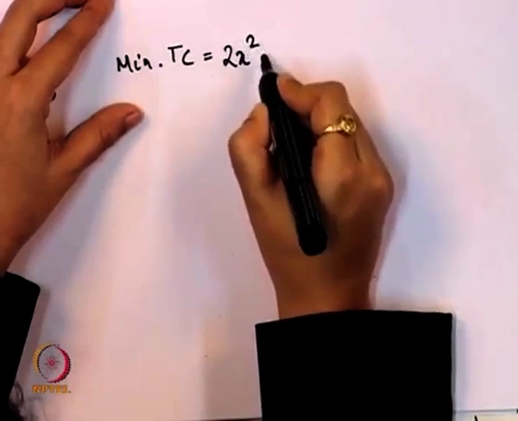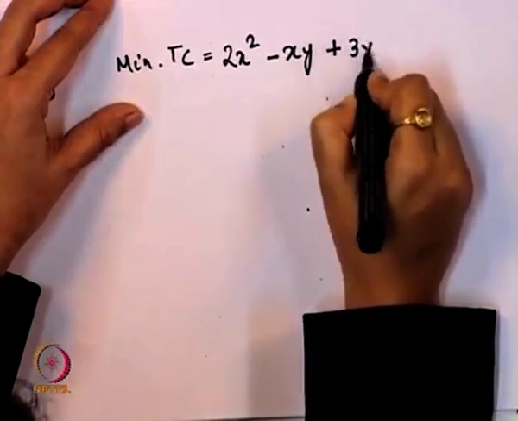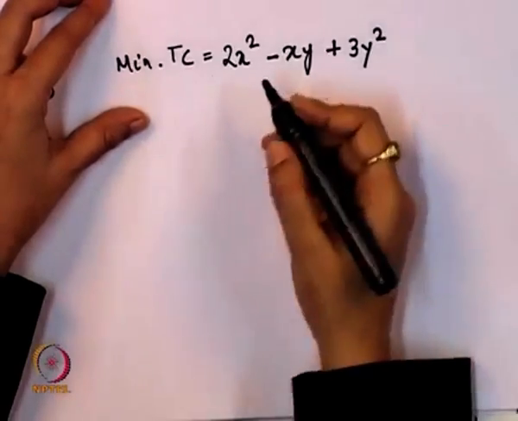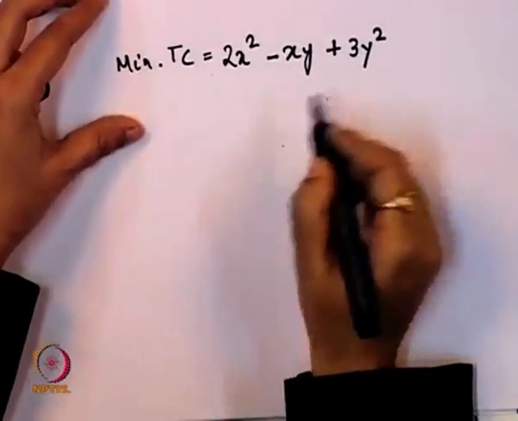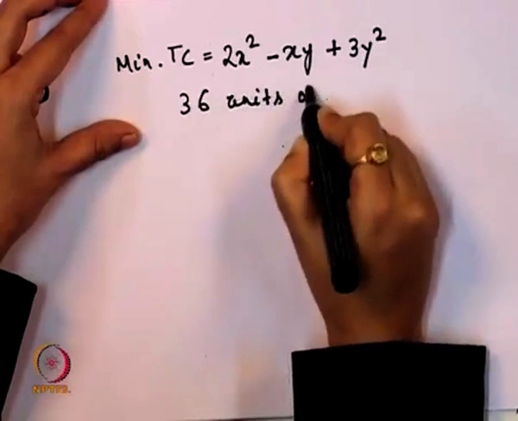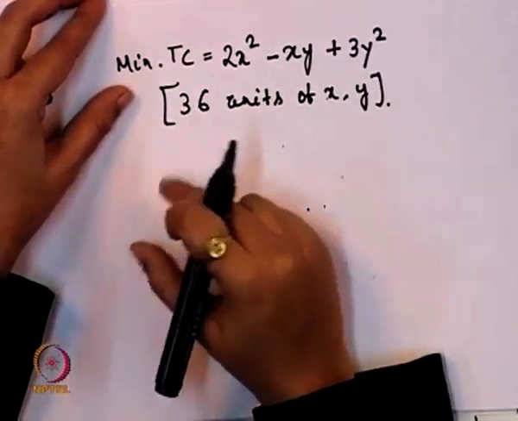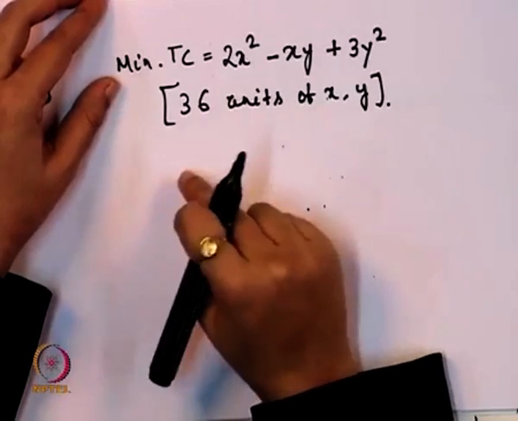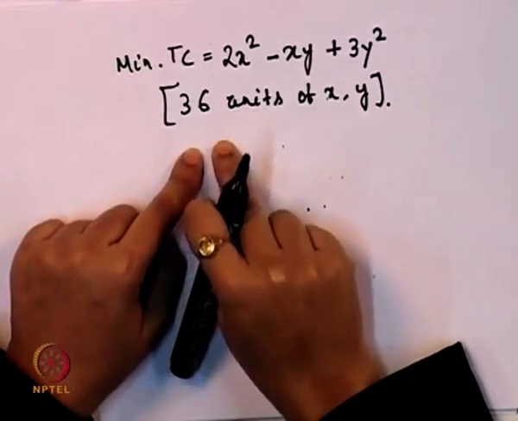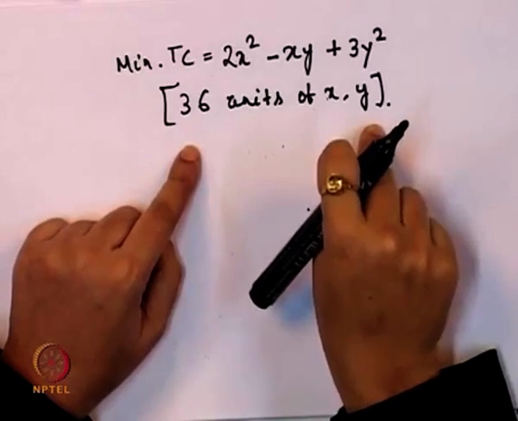Let us take total cost is equal to 2x squared minus xy plus 3y squared. Now here, what is the constraint? The firm has to produce 36 units of x and y combined. Now what is the optimum combination? What should be the minimum cost to produce these 36 units of x and y?